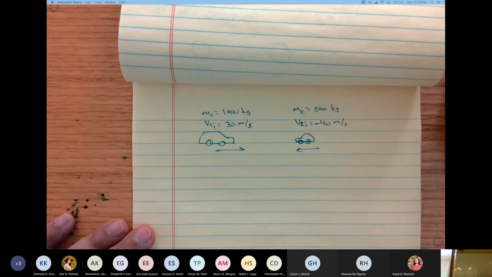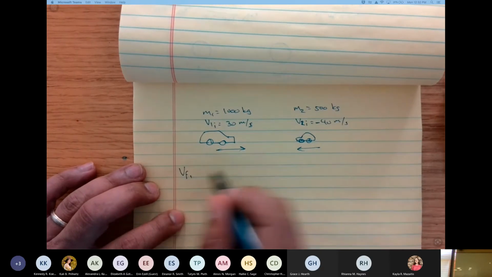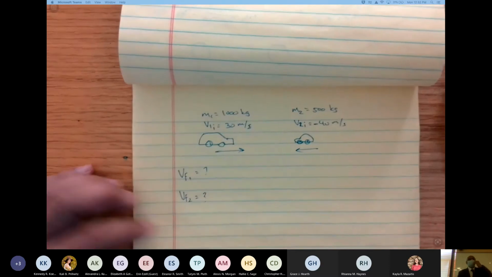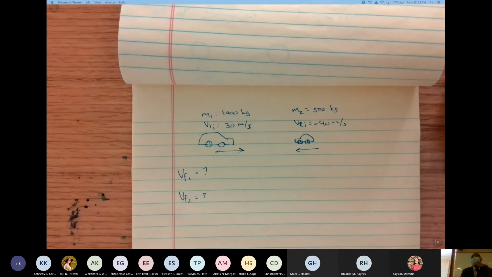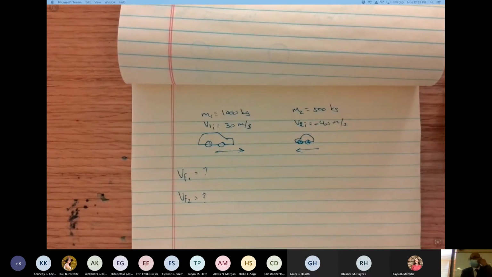Again, I want to find out what is the final velocity of the first car and what is the final velocity of the second car. Now, when you do this problem, just be careful. The sign of the velocity matters.